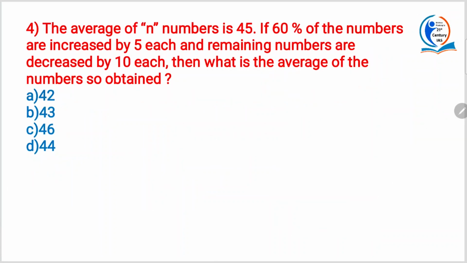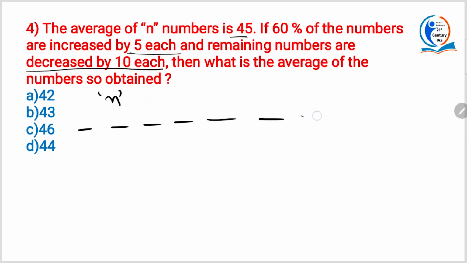Alright. Now the average of n numbers is 45. Okay. If 60% of the numbers are increased by 5 each and remaining numbers are decreased by 10 each, then what is the average of numbers so obtained? See, it's given that n numbers are there.